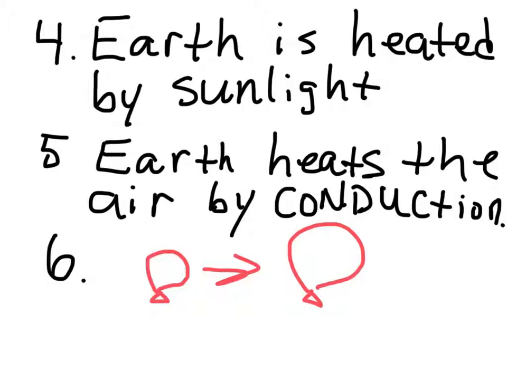And for the number of particles to remain the same, the only way expansion can take place is if the particles literally move farther apart. Therefore, heated air is represented by particles of air which are now farther apart. So we'll add that in as our final note for the revision of the diagram.